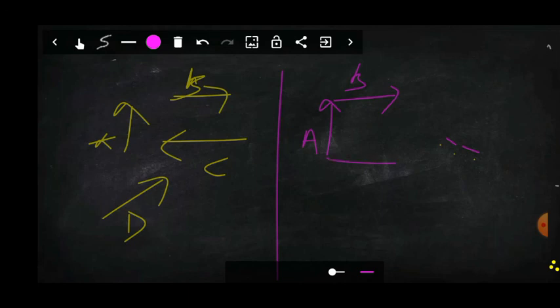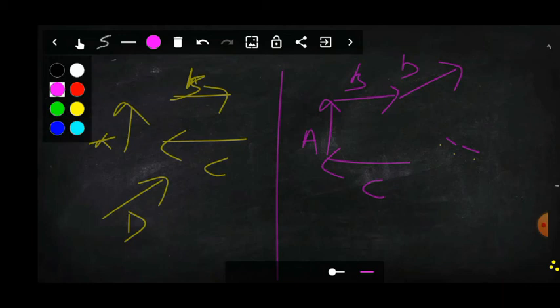Then from the tail of this A, we can join vector C. And now one more, vector D. How can we arrange this vector D without changing the magnitude and direction? We have to join D also. Just join vector D to this region. Then D is here. Then the remaining part, the terminal part, just join this part.